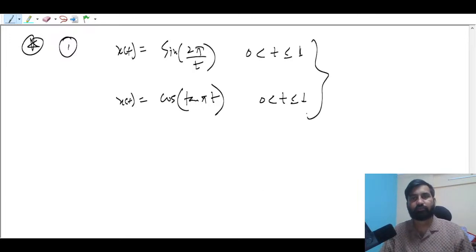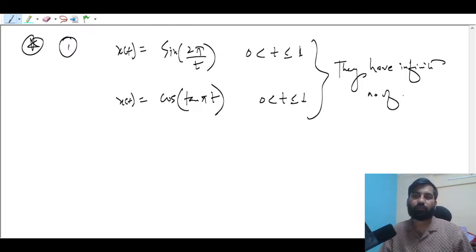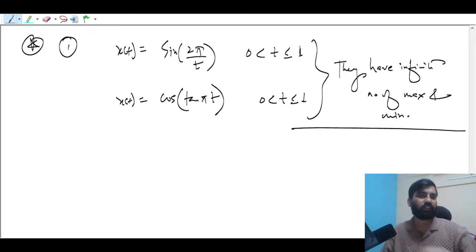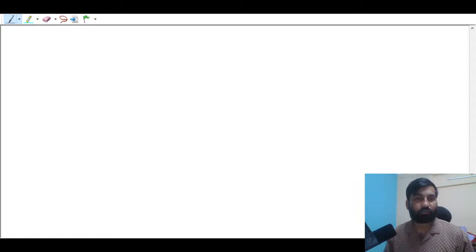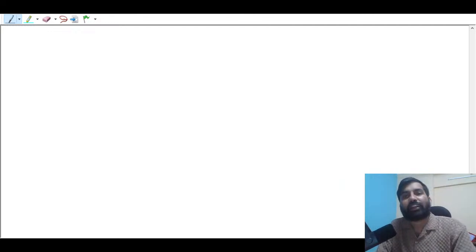Remember, they have infinite number of maxima and minima, therefore Fourier series will not exist. So you have to ensure that x(t) must be absolutely integrable and x(t) has finite number of maxima and minima and finite number of finite discontinuity over one period.